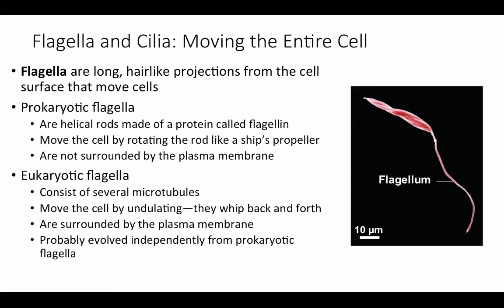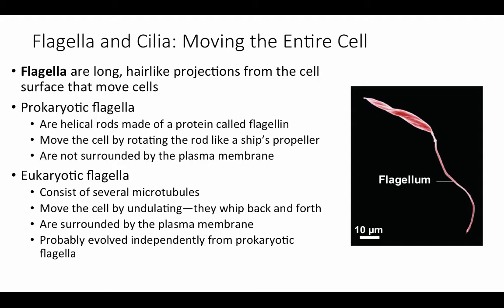In eukaryotes, these flagella are going to consist of several microtubules, and they're going to have more of a whip-like action. They're going to flip back and forth, sort of like a fish's tail, propelling that cell forward. So you're probably familiar with this kind of movement in vertebrate sperm with their flagellum that moves the sperm.